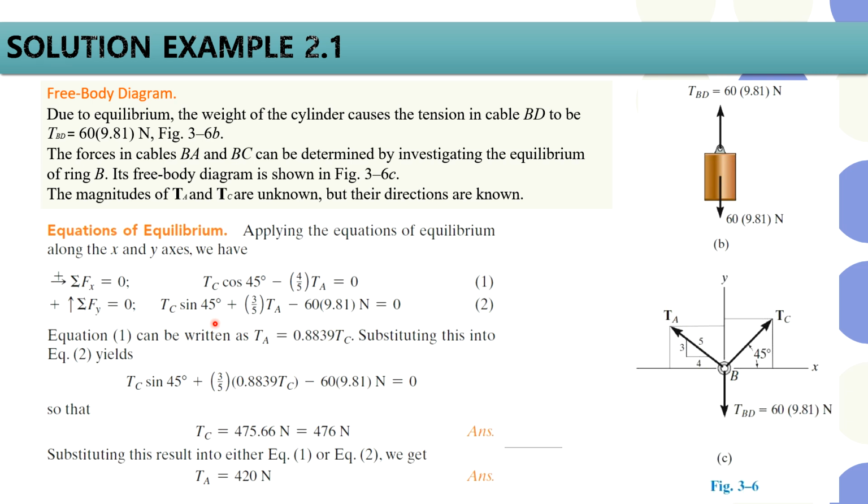By solving equation 1 and equation 2 simultaneously, you will get TC equals 476 newtons and the tension at A equals 420 newtons.